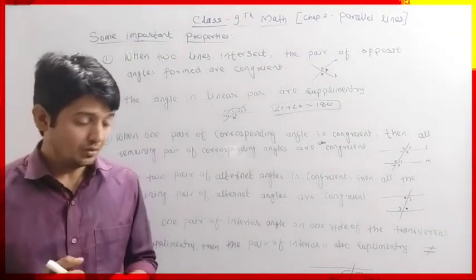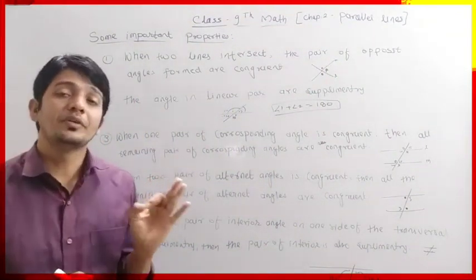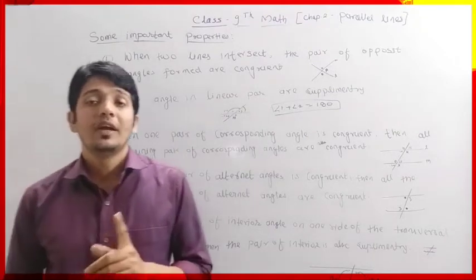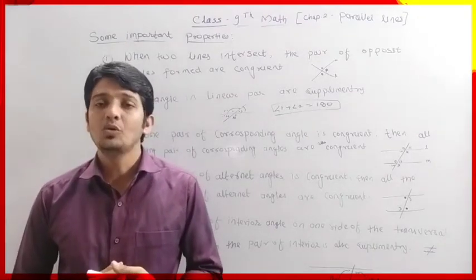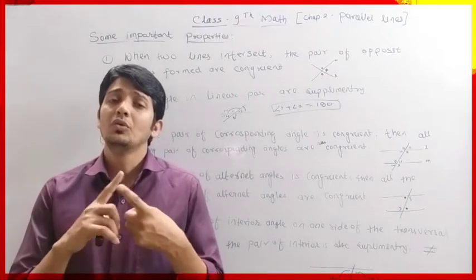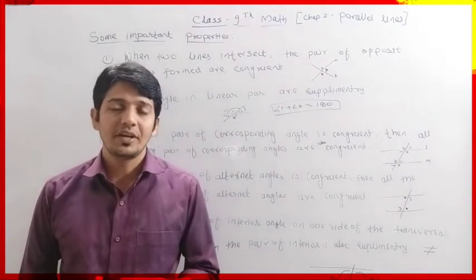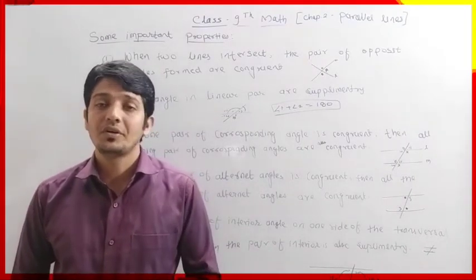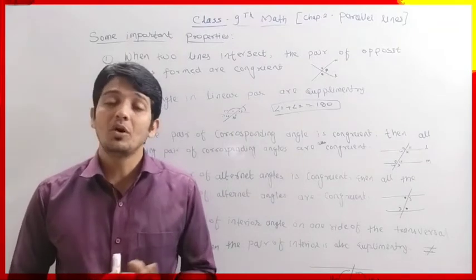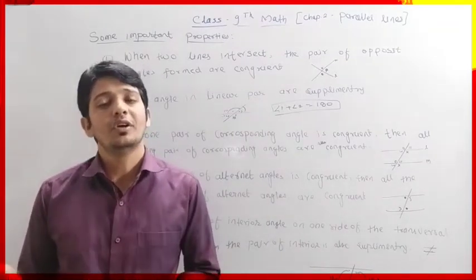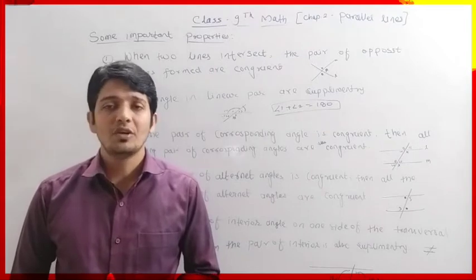Okay, so these are the 5 different properties when any transversal line intersects two parallel lines, or when two lines intersect each other. These are the 5 different properties that you have to understand, because they are going to be used in our solved problems as well as in our practice set.